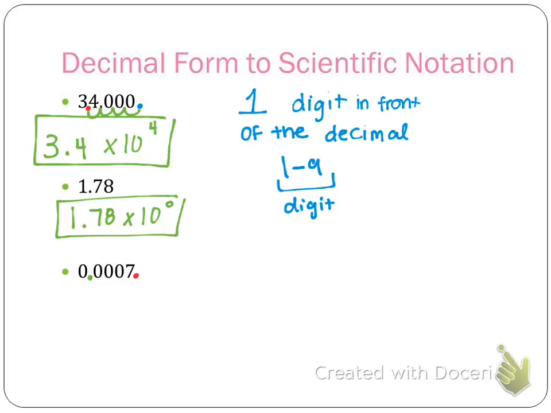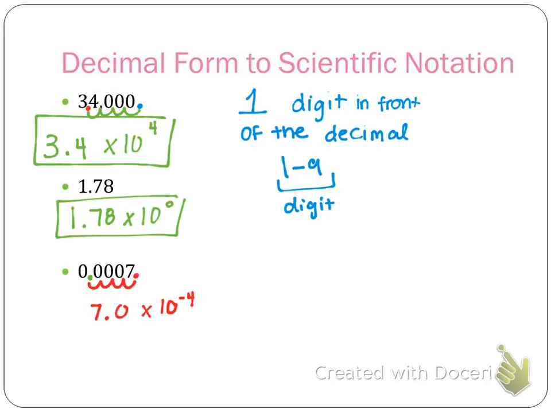So I say, okay, I need to move it 1, 2, 3, 4 places. So I'm going to have 7.0, or you could just write 7 times 10 to the fourth power. And is it going to be a positive 4 or a negative 4? It's going to be a negative 4 because I moved to the right, which is a negative exponent in these problems.